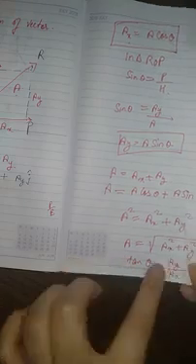Theta is equal to, if you take tan to the other side, we write tan inverse. So theta is tan inverse of ay by ax. This is how you find the direction.